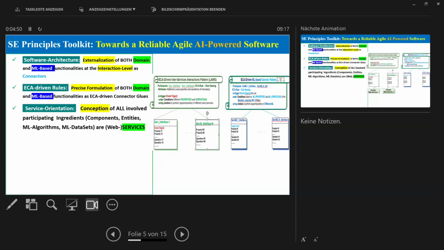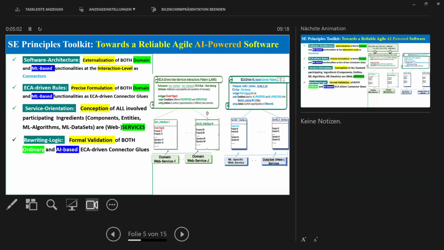Then we adopt service orientation, meaning all our entities and components are captured as web services. We go one step further to formalize our rules with rewriting logic, to allow diagnosis of conflict, contradiction, redundancy, and so on.